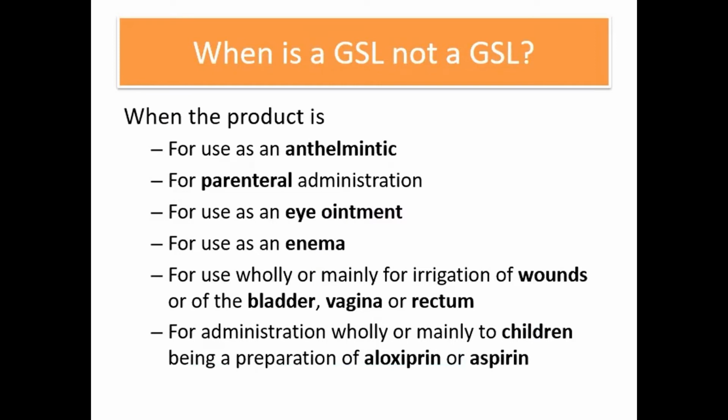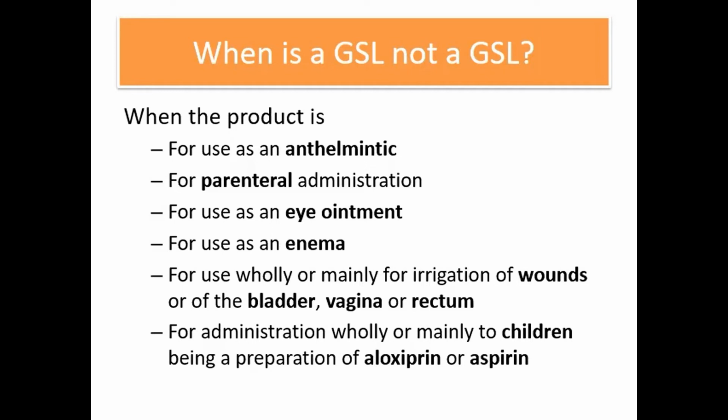There are a couple of exemptions that we need to think about, a few reasons when a GSL can't be a GSL. When it's for use as an anthelmintic, which is something for the treatment of worms, or for parenteral administration, so a preparation that's injectable, then it can't be a GSL.